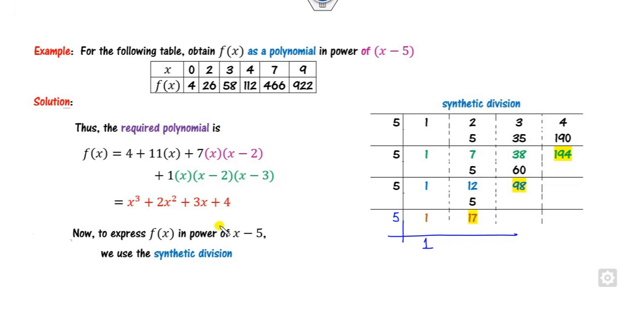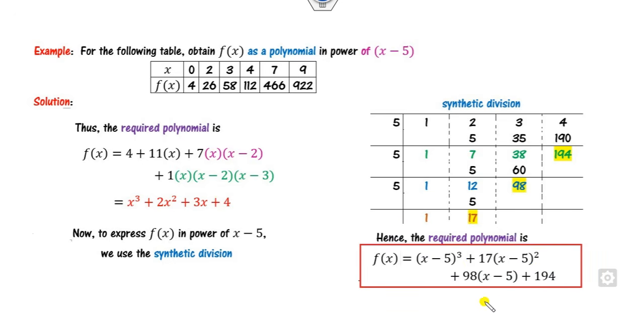That's a constant. So therefore, my required polynomial will start from here: 1 is the coefficient of x cube, so x minus 5 cube, plus whatever the number is here, 17, x minus 5 square, plus 98, x minus 5, and this is my constant number.